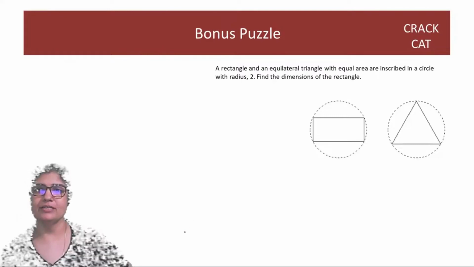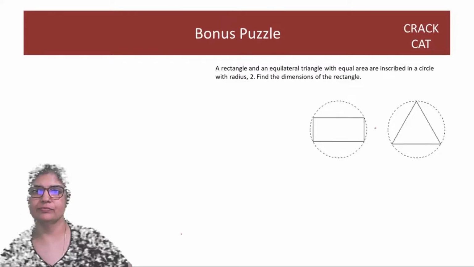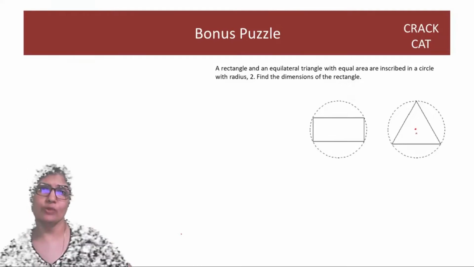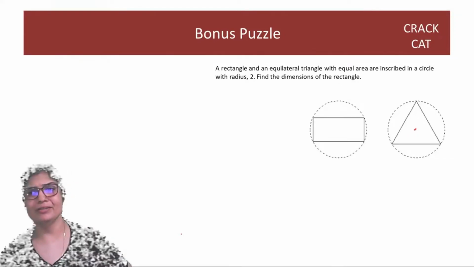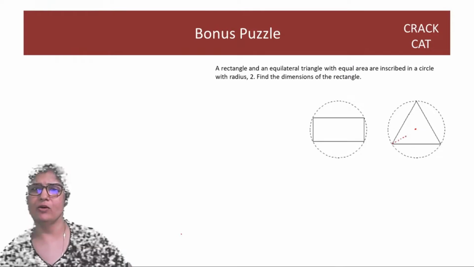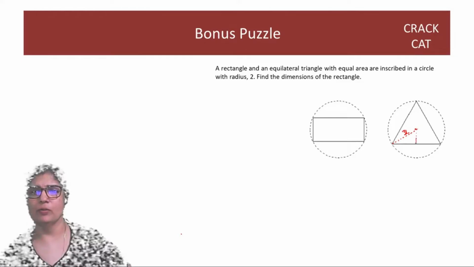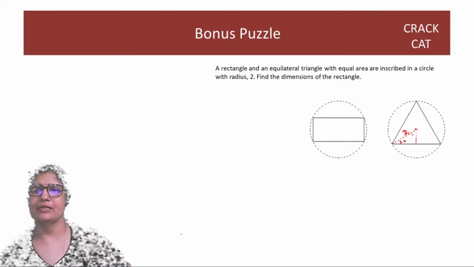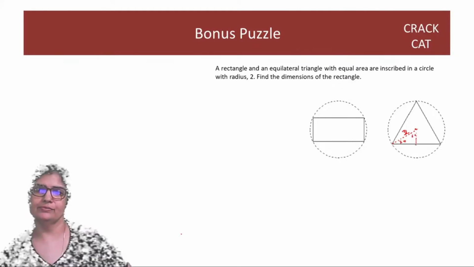So the radius of the circle is given, and if you find the centroid of the equilateral triangle or the incenter or the circumcenter, they are all the same points. And this is going to be 2, and if you drop a perpendicular, then this is a 30, 60, 90 triangle.